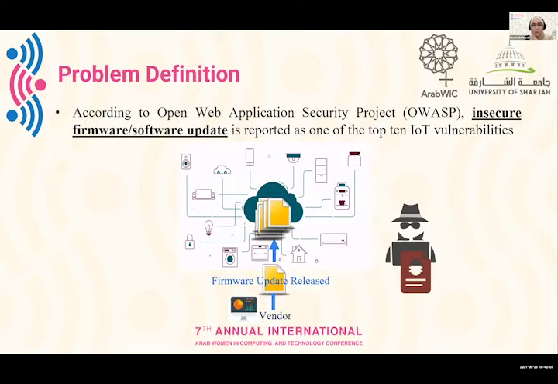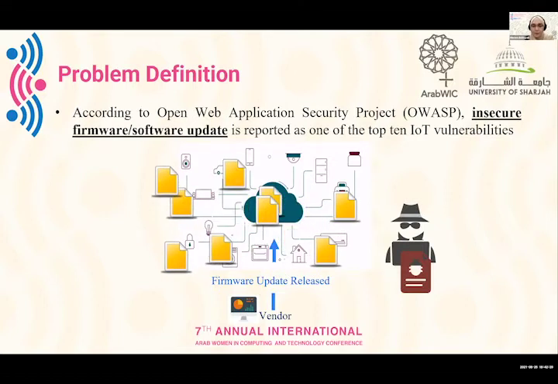According to the Open Web Application Security Project, OWASP, insecure firmware update is one of the top 10 IoT vulnerabilities. For example, the current way of sending the firmware update is done in a centralized manner from the vendor to the IoT devices.